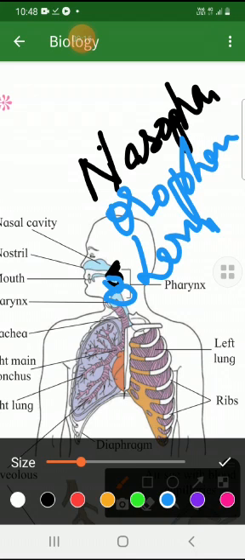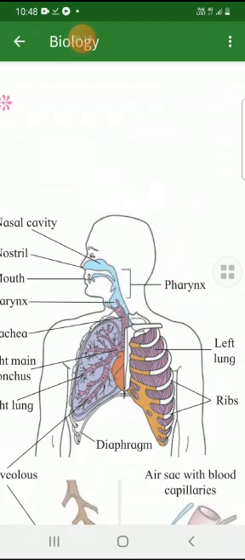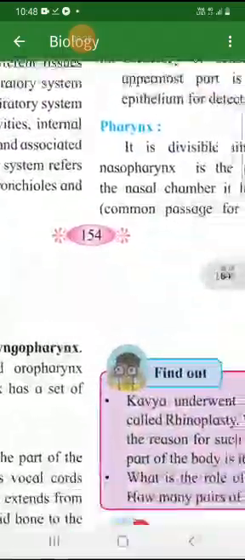So pharynx is divided into 3 depending upon the position.